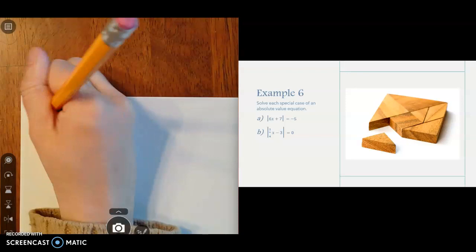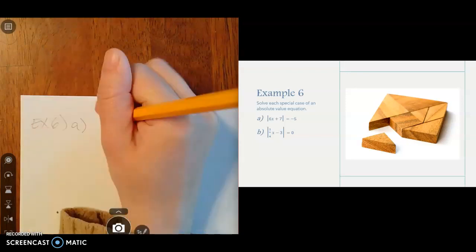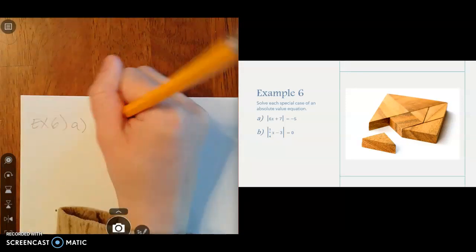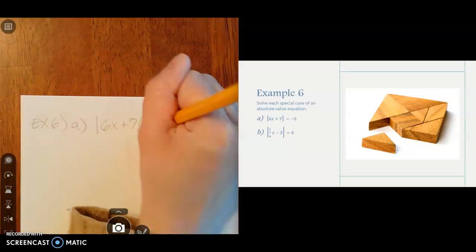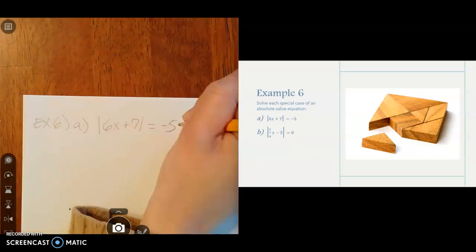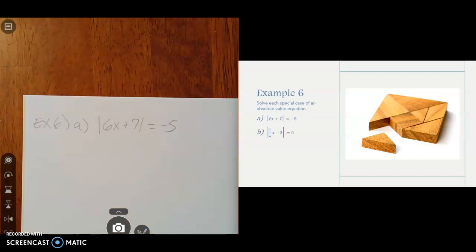In example 6, the first one I have for us is the absolute value of 6x plus 7 is equal to negative 5. That negative 5 should come up as a red flag because, wait a second, absolute values can't be negative. Sometimes you want to jump ahead and write your two equations. There are no two equations to make because it's equal to a negative, and absolute values can't be negative.